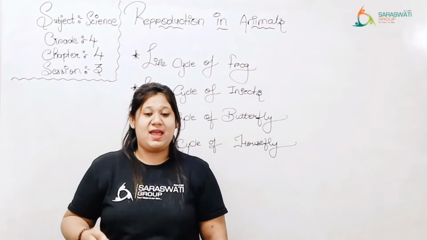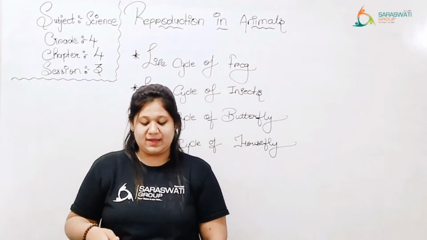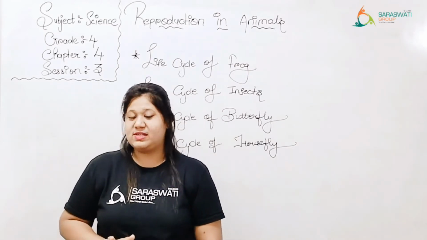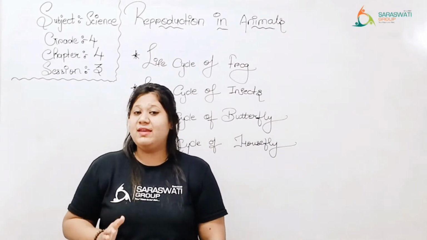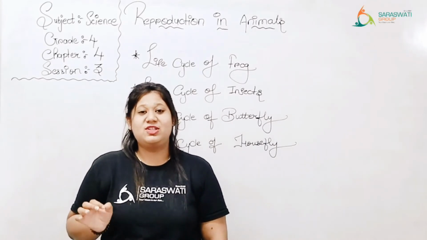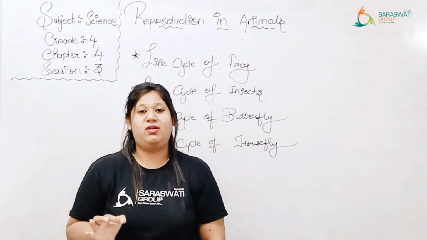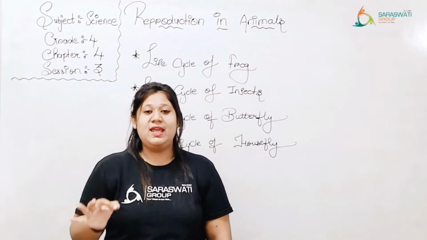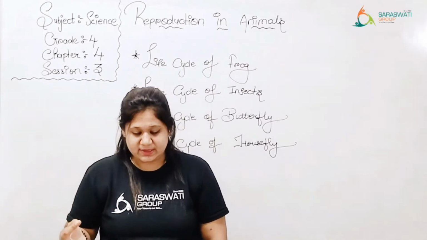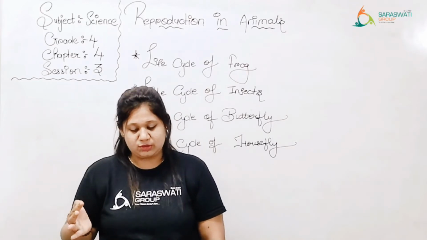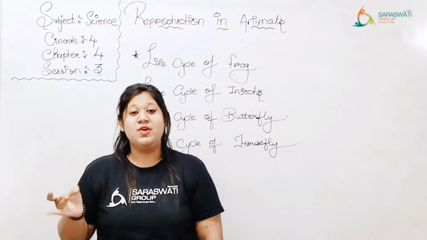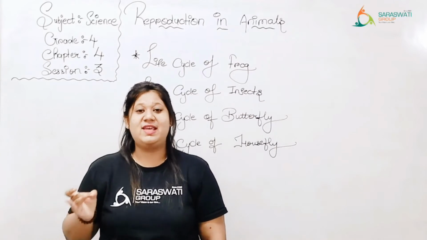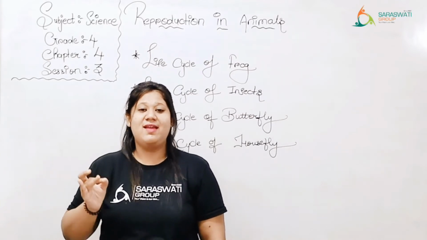Normally a female bird lays eggs in her own nest. But before she lays eggs, she prepares a nest for herself, right? They need twigs, pieces of cloth, grass and leaves. These kinds of materials they need to make their nest.